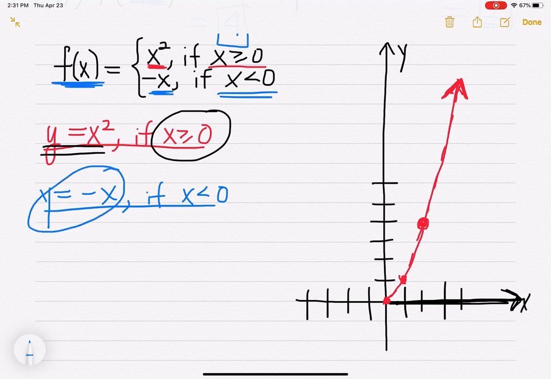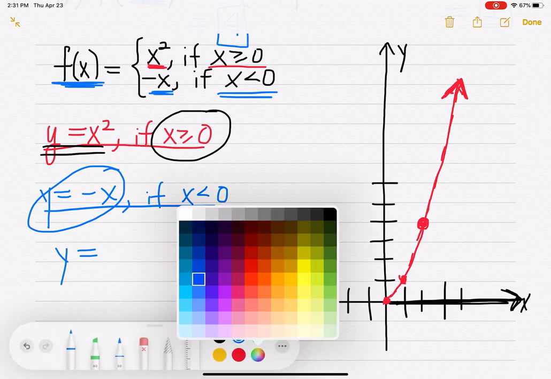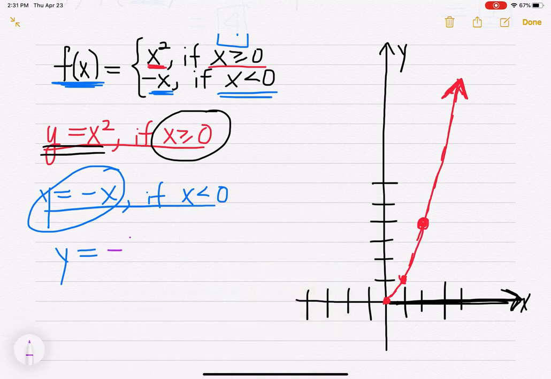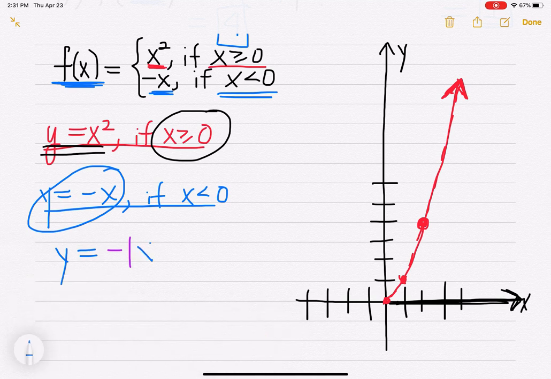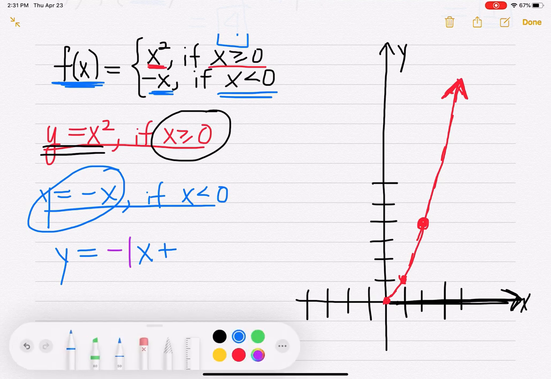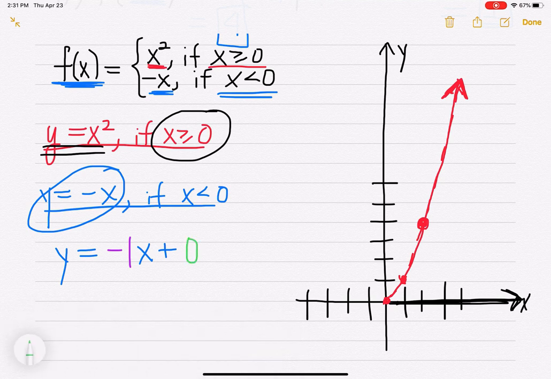Well, you think about it, right? y equals negative 1 x plus 0. That's a line, right? Remember when we did lines? This is a line. It has a y-intercept, a b value, of 0.